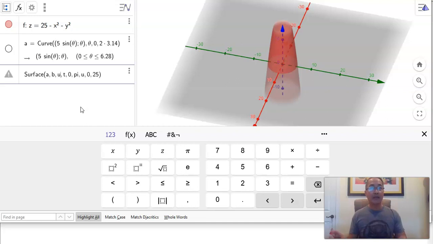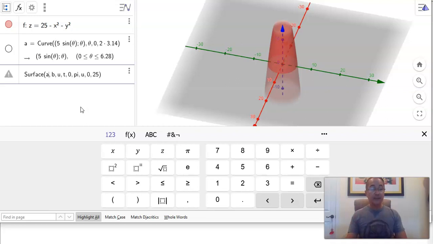How about x and y? This is where the intelligence comes in. You need the conversion formulas: x equals r cosine theta, y equals r sine theta. Our curve is 5 sine theta.